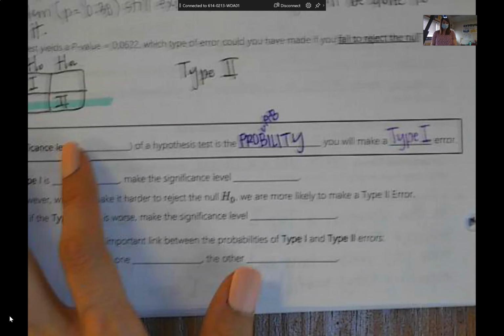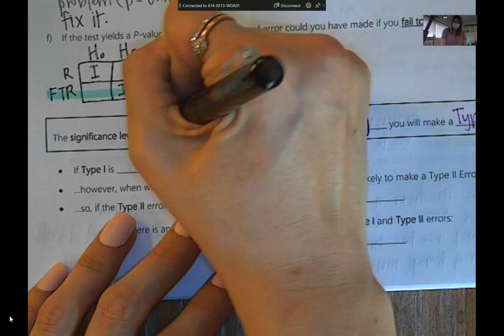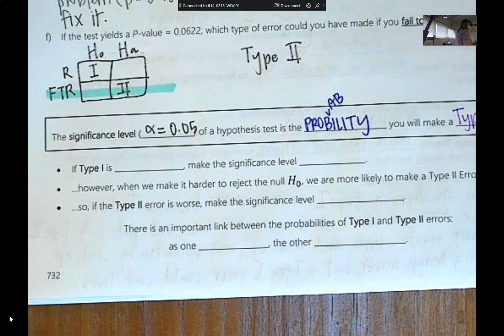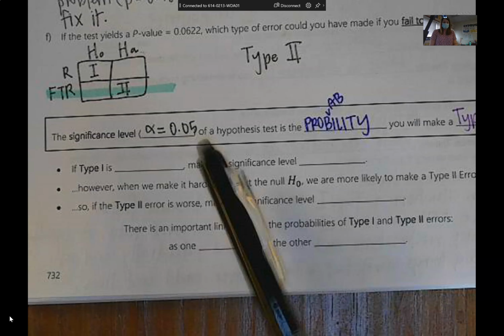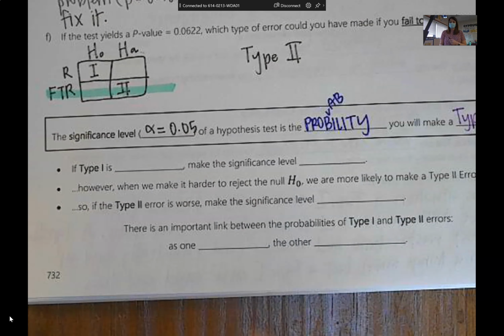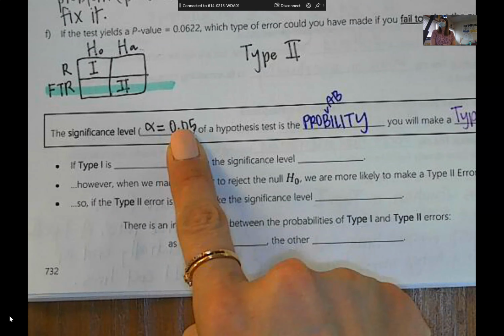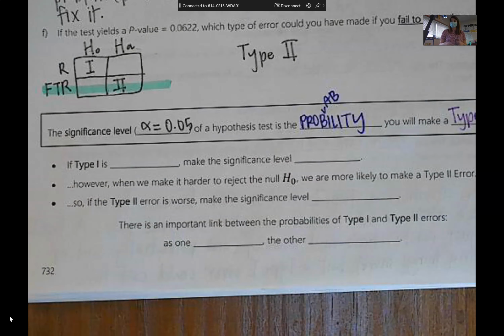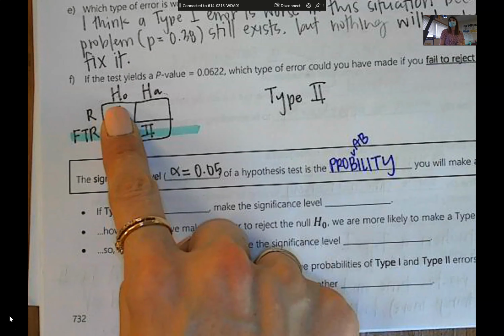Just to remind you, significance level is alpha. Often we'll see alpha is 5% or 10% or 1%. So when we construct a test and say we want our significance level to be 5%, basically what you're saying is, I want to minimize the probability of rejecting the null when it's true to 5%.